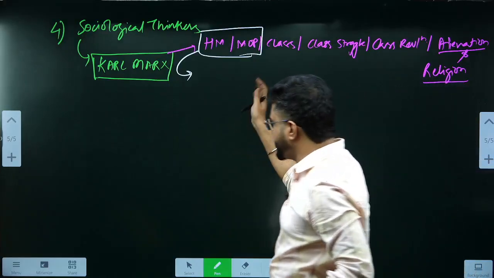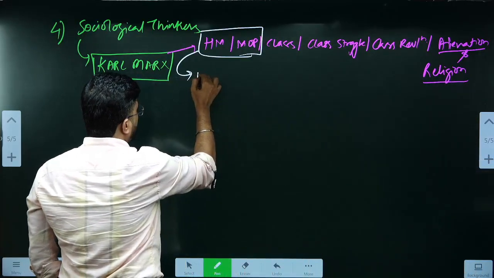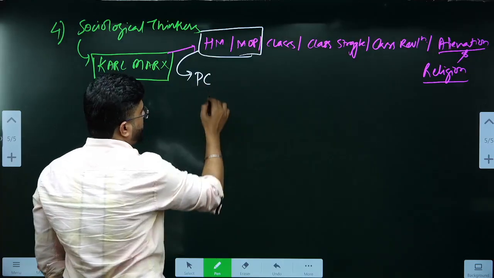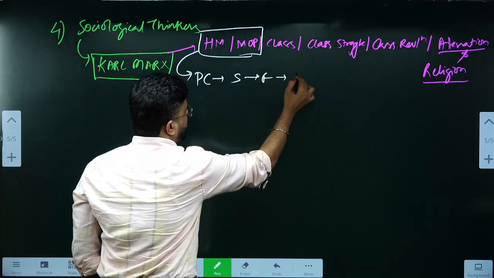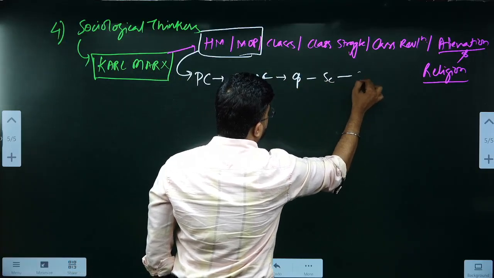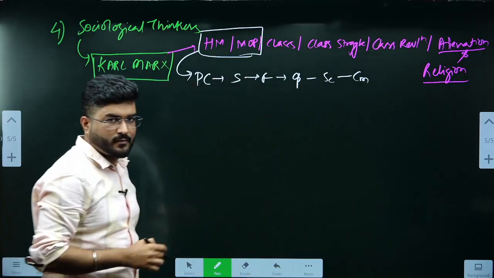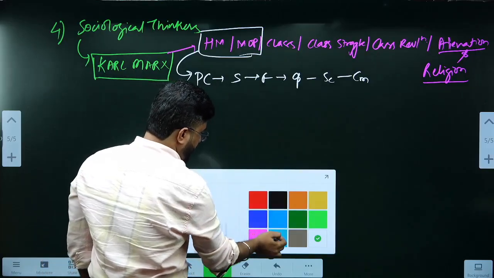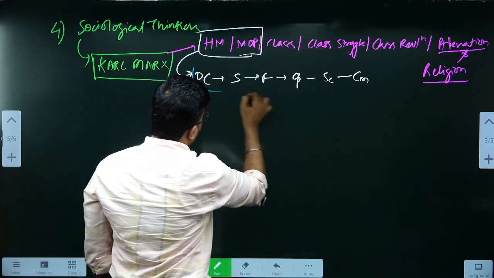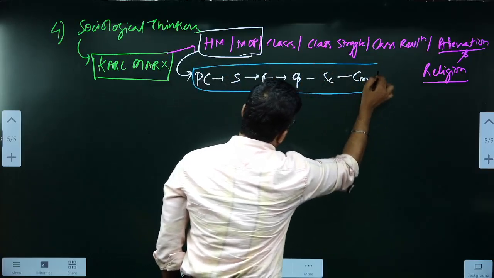Okay, hence you must be getting a chart related to how society changed from primitive communist time into slave society, slave to feudal, feudal to capitalist, capitalist to socialist, and in the end communist society.